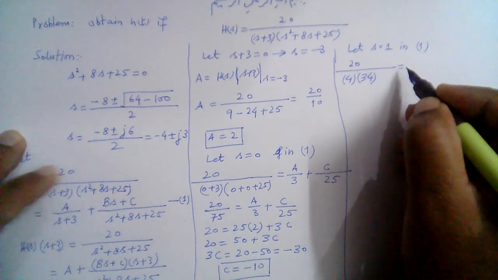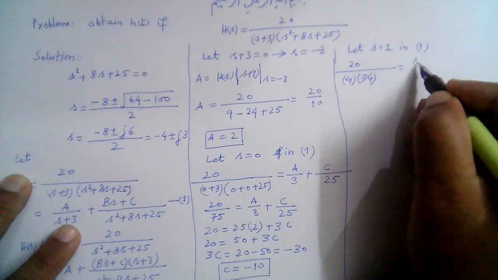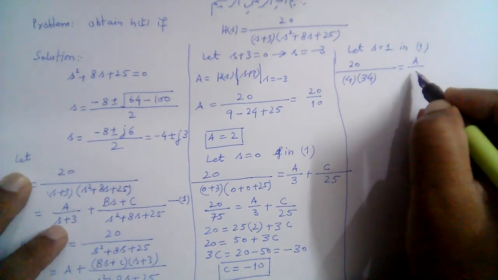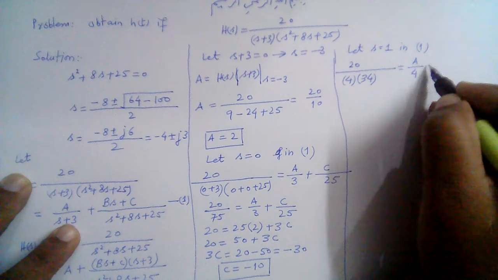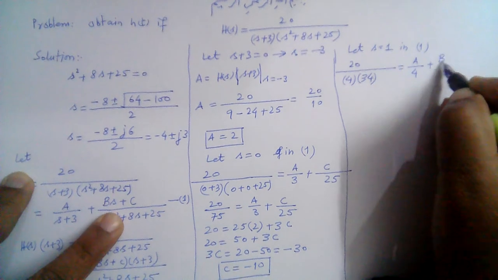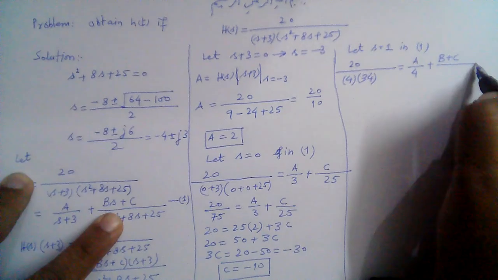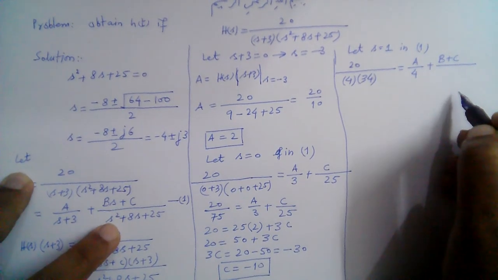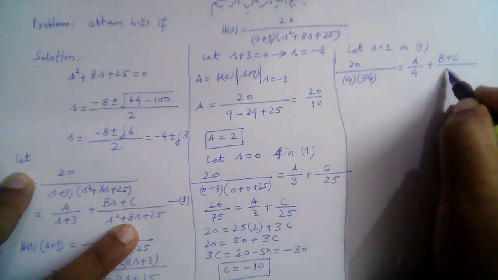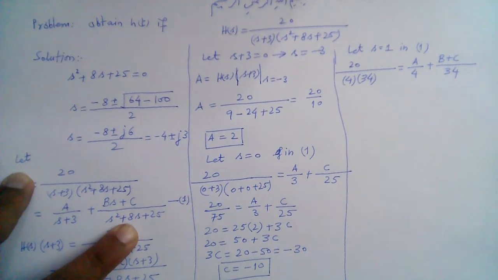And this is equal to A over S plus 1 plus 3, that is 4, and that is B plus C over this is 1 plus 1, and this is 34 again, right?